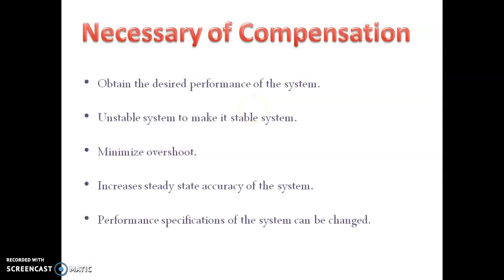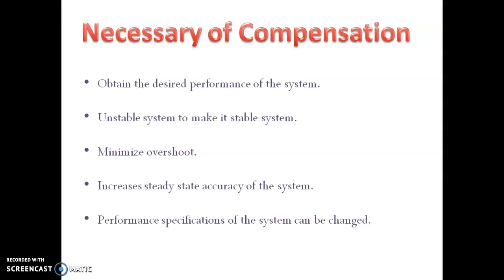So compensating network is used to minimize overshoot. This compensating network increases steady state accuracy of the system. And an important point to be noted is that increasing steady state accuracy brings instability to the system.